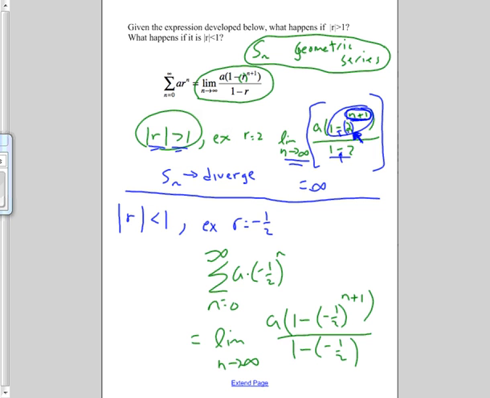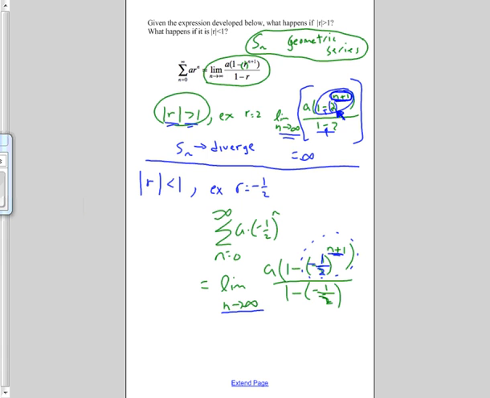Well, what's that going to do? It's the limit as n approaches infinity. The only place that we see n is in here. And as n gets huge, we're going to take some fraction, negative 1 over 2, raised to a huge number. A fraction raised to a huge number, negative 1/2 raised to a huge number, is going to approach 0.